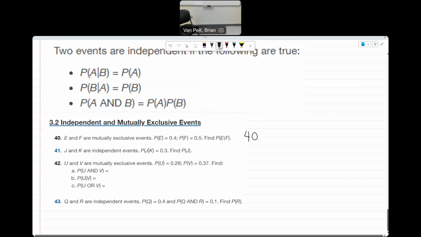For a problem like number 40, they don't give you the probability of E and F, but they tell you practically everything else about them. What I would do with these is use the formula and see what parts I can plug in and what parts I cannot.